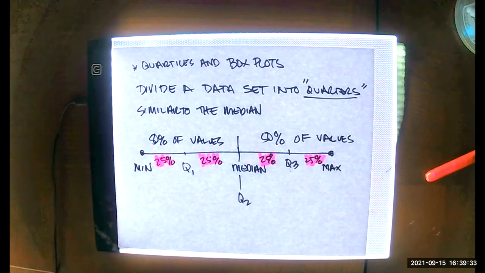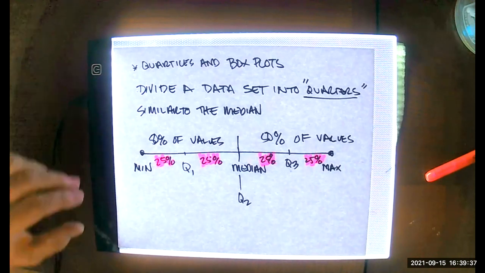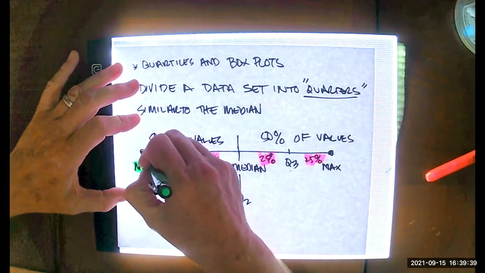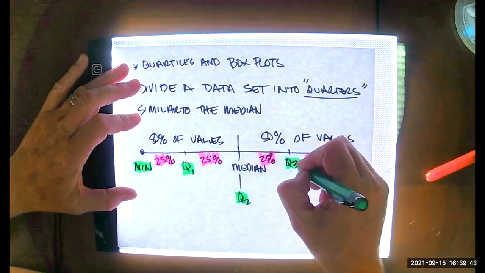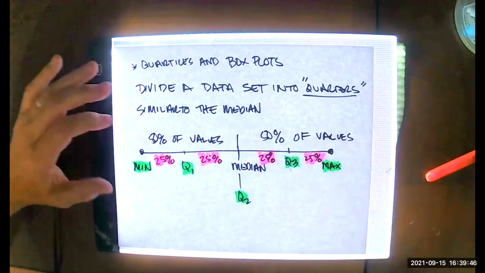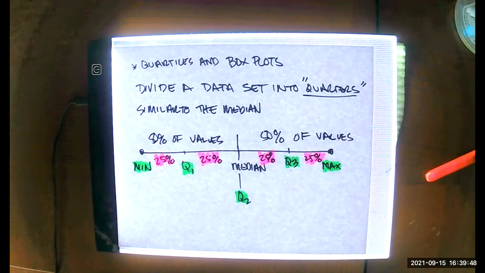So people think, oh, there should be 4 numbers. And well, no, there's not 4 numbers. There's actually 5 numbers. There's the minimum number, the Q1 number, the Q2 number, the Q3 number, and the maximum number. So those 5 numbers form the basis for our quartiles and our box plots. Our calculator does a very good job of finding these values for us. It's nothing that we need to search for.